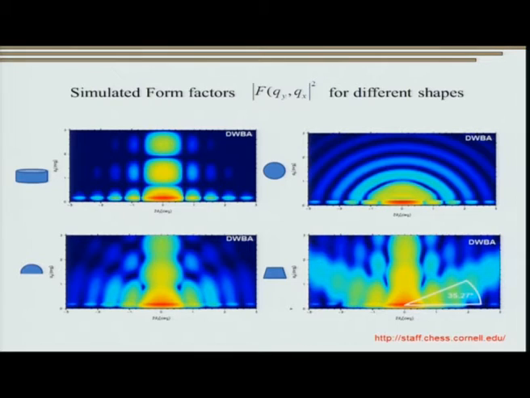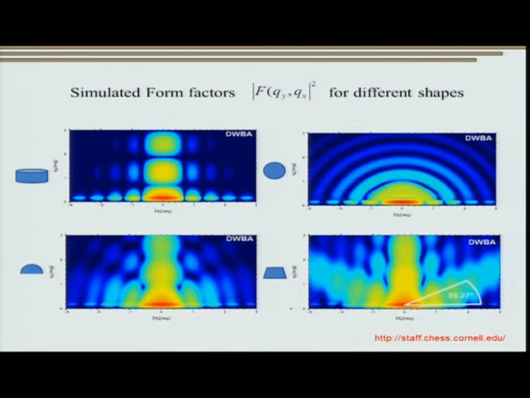This distorted wave Born approximation ensures that this is the kind of pattern that we get. This can be correlated with the shape of the particle, and you see there is a bit of periodicity. This periodicity comes in the reciprocal space because of various multiple scattering events.